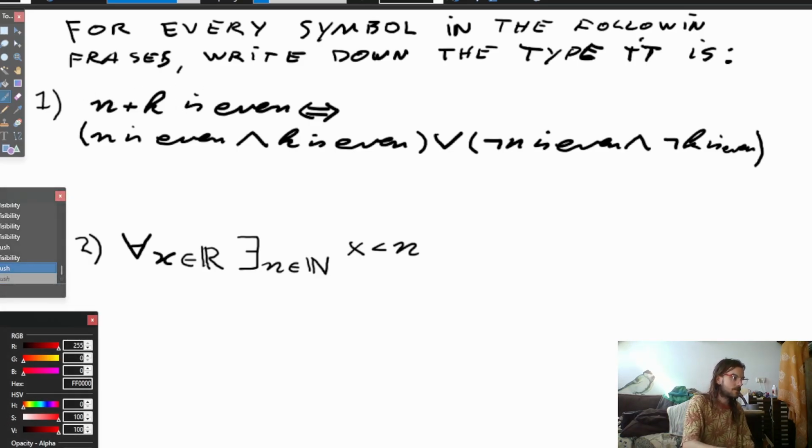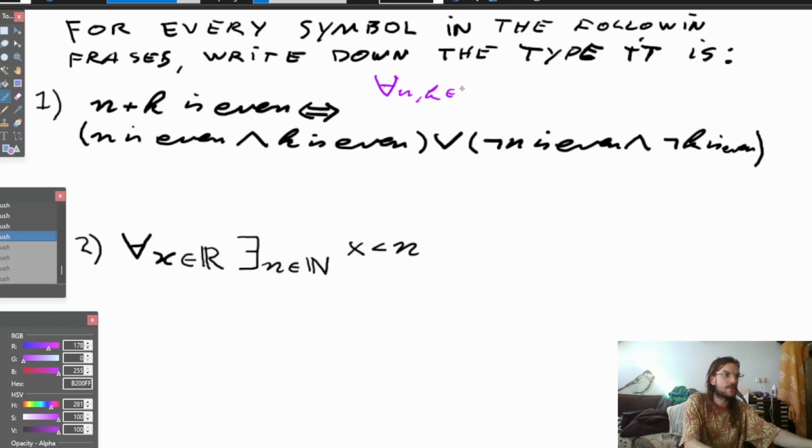This sentence should actually start with for all n, k in the natural numbers, or the integers if negative numbers can be even also. So what is this saying? Well, it's saying if you sum two integers together, they are only even if both of them are even or if neither of them are even.